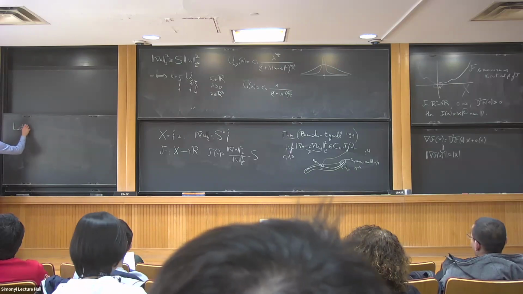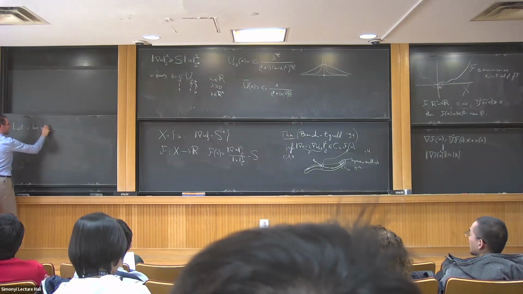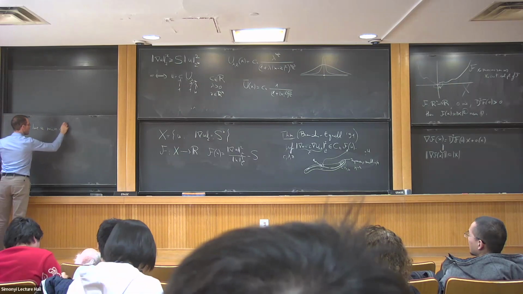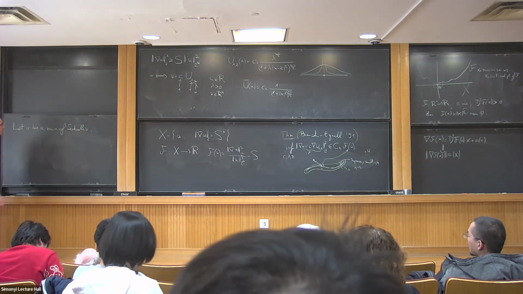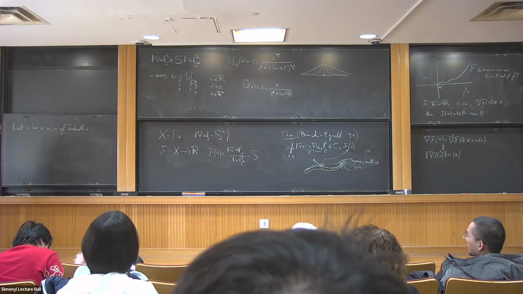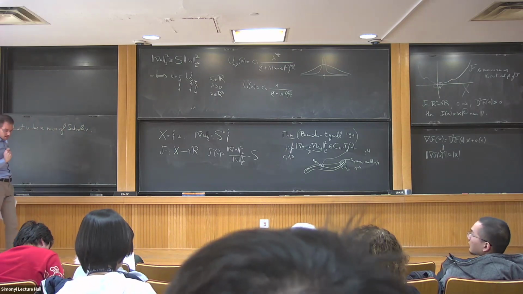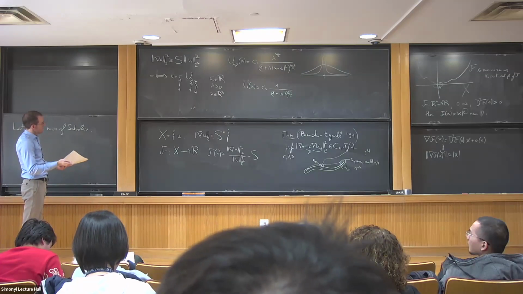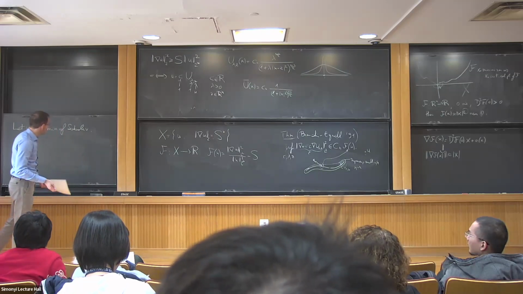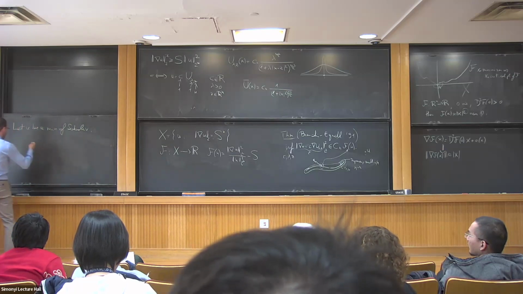Let u be a minimizer of Sobolev. Then, if it's a minimizer, I can write first an optimality, criticality condition. So the condition will be a minimal point, a critical point.